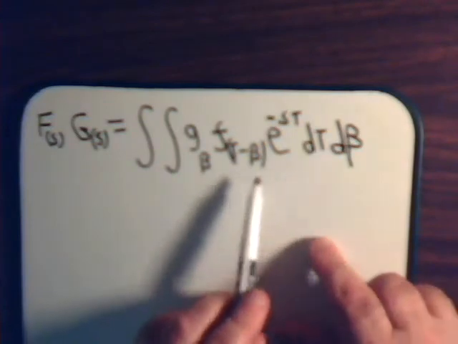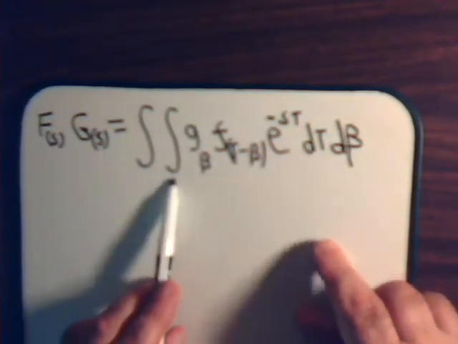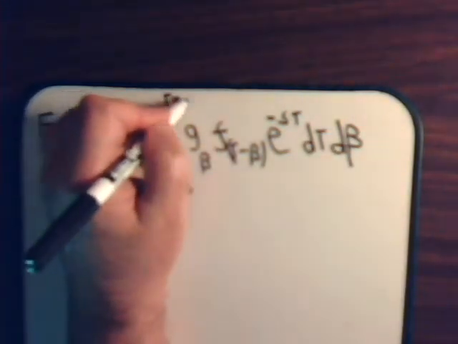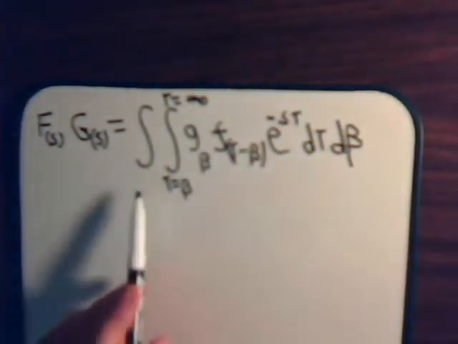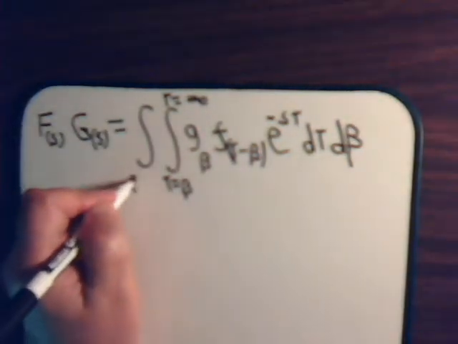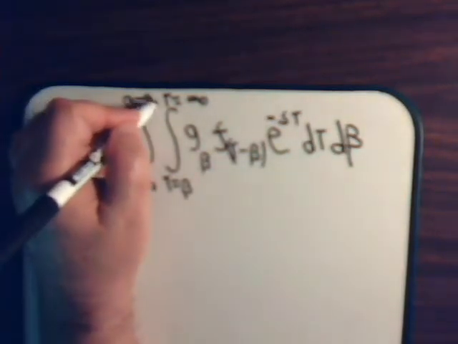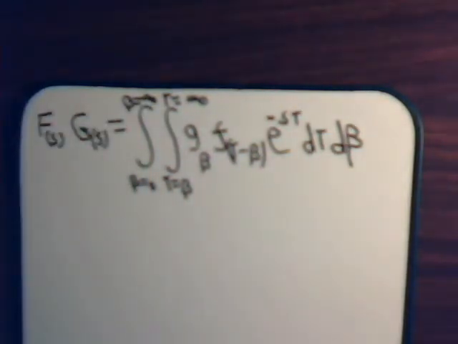And here, this is the inner one, so the limits here are for t. t goes from beta to t equals infinity. d beta, its limits go here, and that's beta equals 0 to beta equals infinity. So we have this double integral expression. Now, to appreciate its significance, let's take a moment and review how multiple integration works.